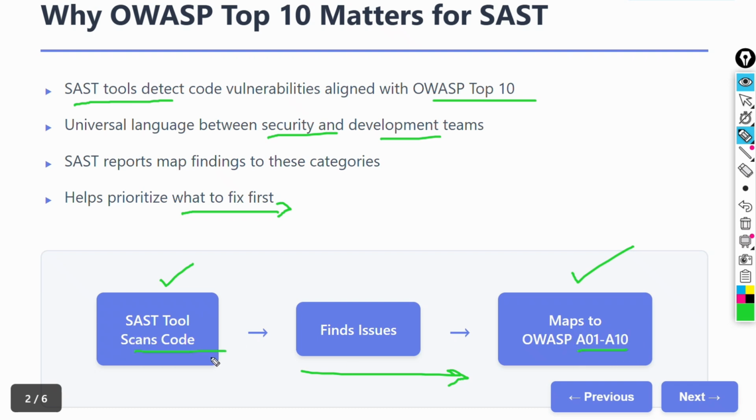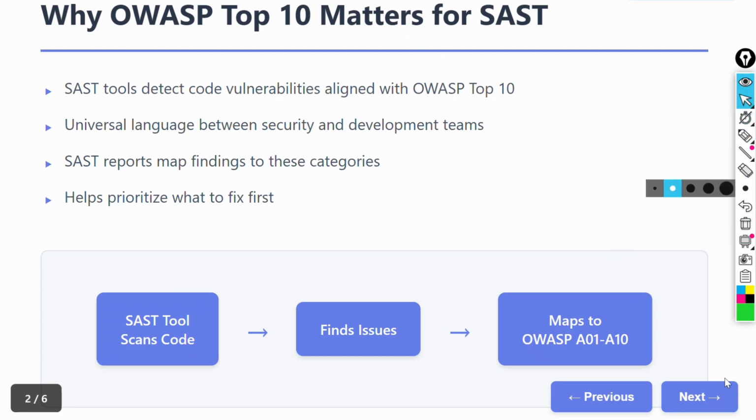The SAST tool, the scanners, will find the issues, and whatever the finding is, whether it is critical or low, what the severity and CVSS score is, everything will be segregated based upon these OWASP Top 10 categories. In the next slides we are going to discuss that. So this is just a kind of bridge that helps the SAST tools map according to the OWASP Top 10, to prioritize the issues and fix them first.